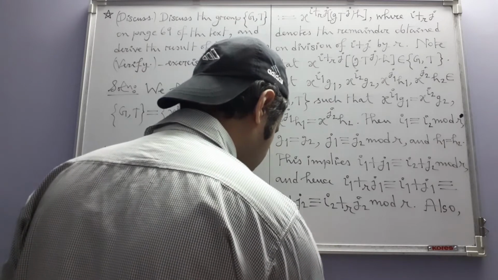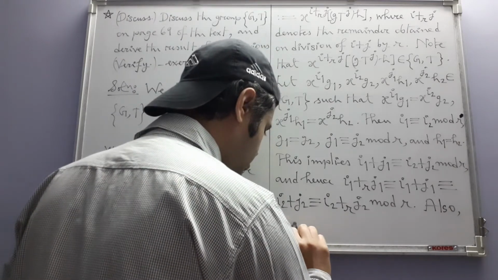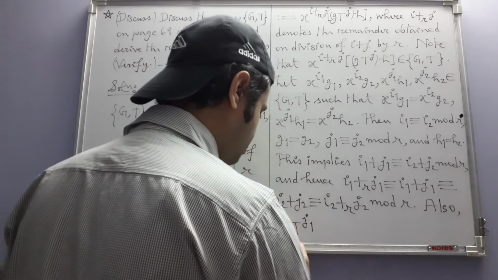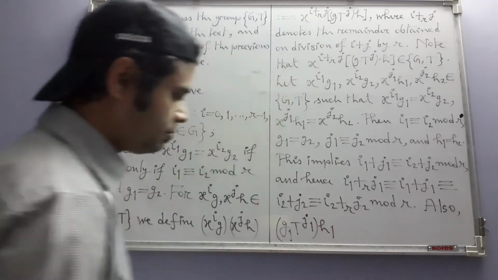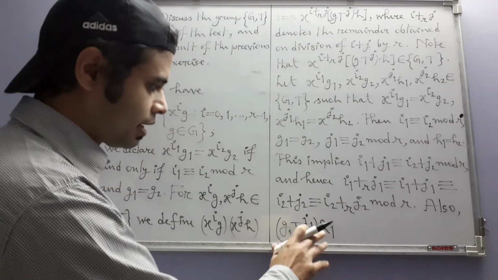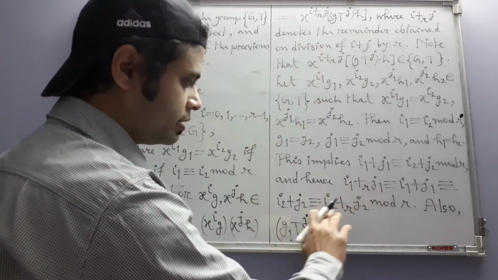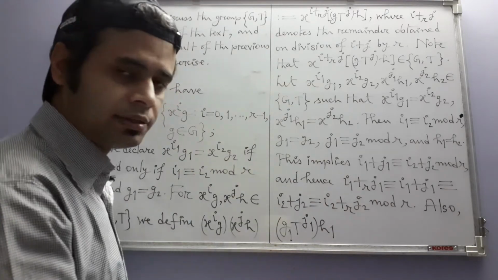Also, g1 t to the power j1 h1, one half of course will involve these numbers above x in our final symbol.